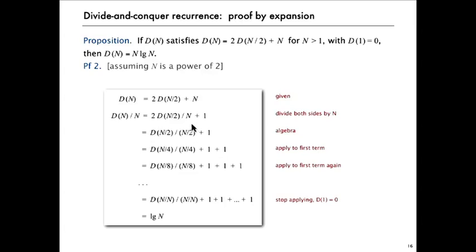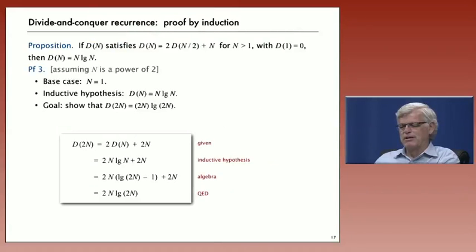The first term on the right-hand side is exactly the same as the left-hand side, so we can apply the same formula. And all it does is divide by 2 again and then throw out another 1. And we keep doing that until we get down to D(1), which is 0. And when we've done that, we've thrown out log n 1s. So we get D(n)/n equals log n, or D(n) equals n log n. That's another proof by expansion.